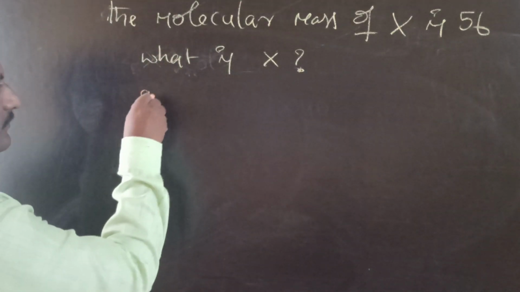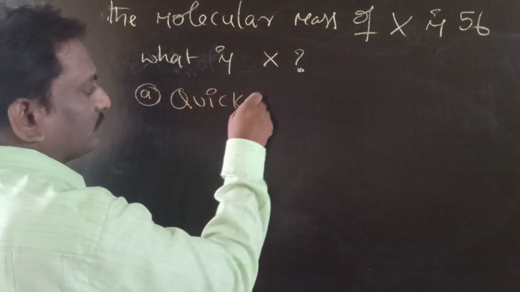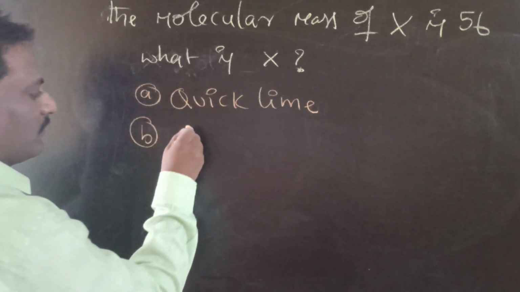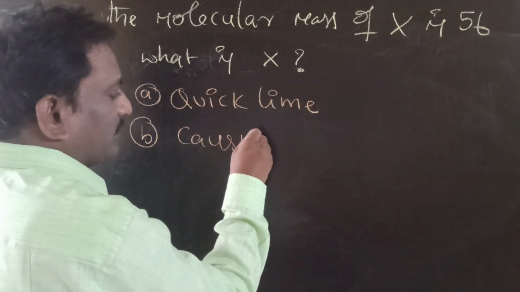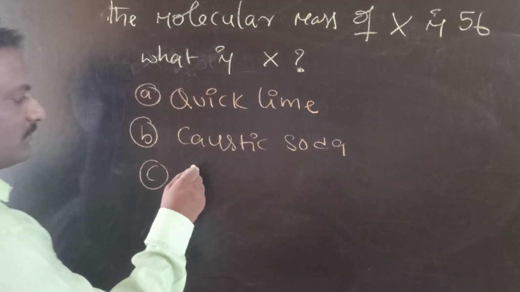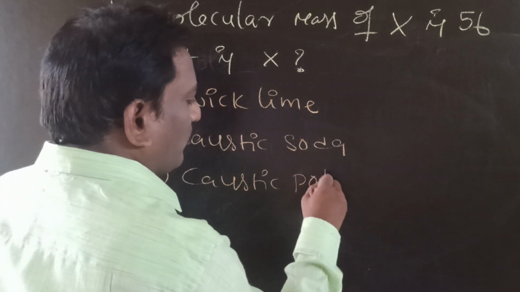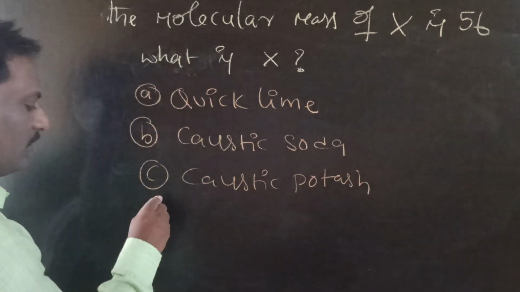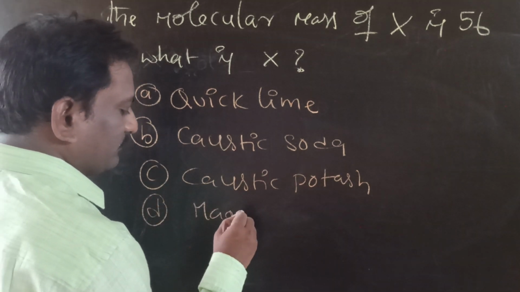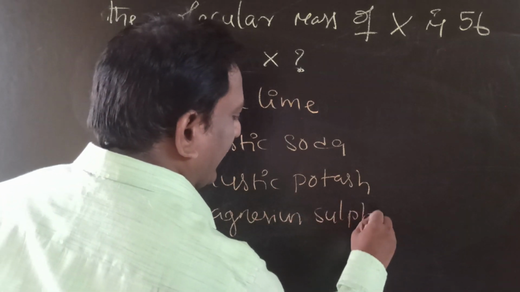A. Slaked lime. B. Caustic soda. C. Caustic potash. D. Magnesium sulfide.